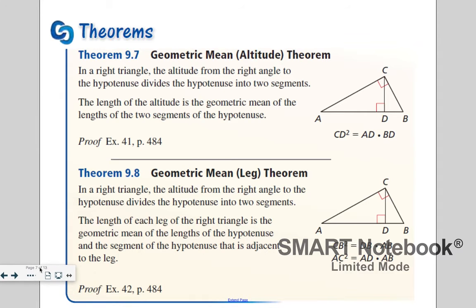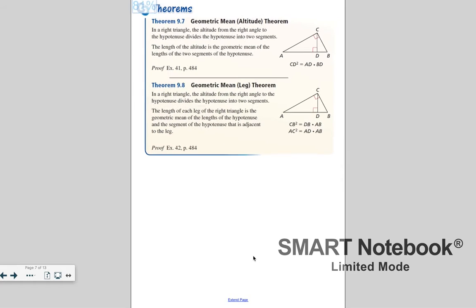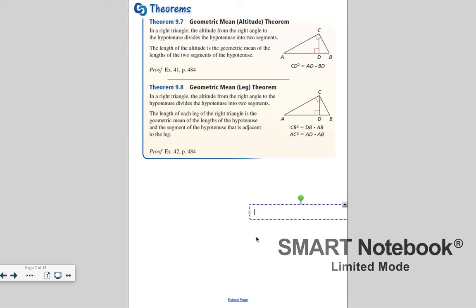Okay, and then these are the theorems that we did. I'm going to try to shrink this up a little bit. And these are from our textbook. The altitude, and we worked through this yesterday, was the geometric mean between the segments of the hypotenuse. You can see that here with the diagram.